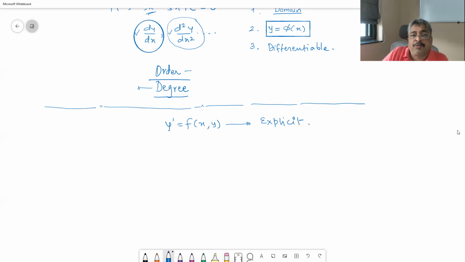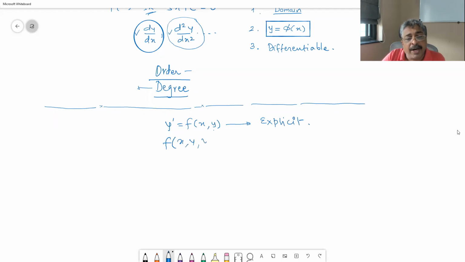But it might not be always possible to express differential equation in this form, where differential coefficient is in LHS and maybe only one, and the relationship of x and y and maybe constant in RHS. Explicit, you can separate differential coefficient from the rest of the equation, an explicitly defined differential equation.